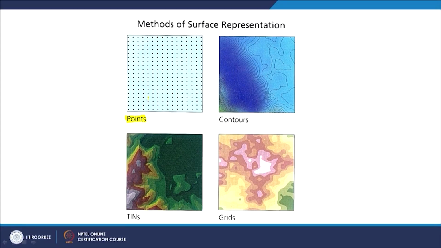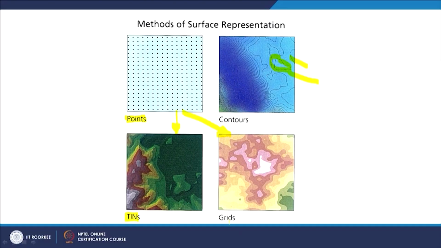Using those elevation values, one can create contours and fill in between, and you get what you are seeing here. Using the same point data, we can create a TIN like here. And again using the same point data, I can also create a grid, that is, a raster.